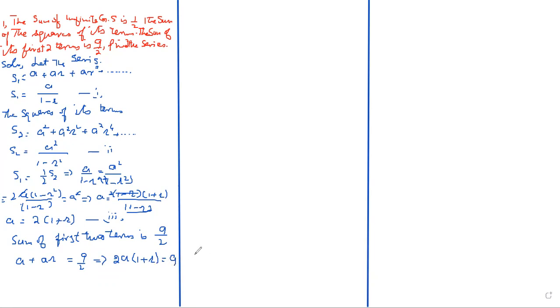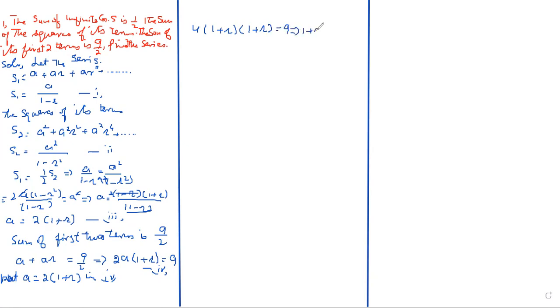Now from 3, put A equals 2 times 1 plus R in here, number 4. So we have 2 into 1 plus R times 1 plus R equals 9.